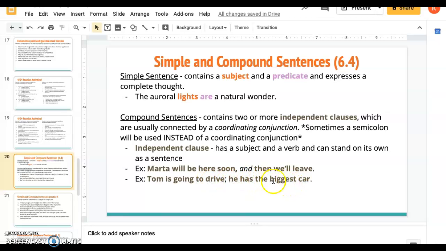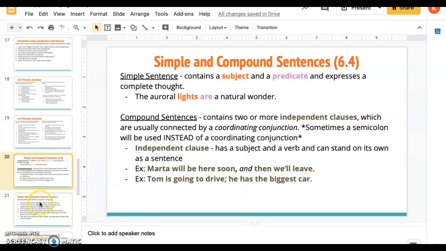Like you're taking his car because it's the biggest car and he's going to drive it. So they're connected, right? For example, if you said Tom is going to drive, but Marta has the biggest car, those would be unrelated because we're talking about Tom driving and Marta's car, right? So you couldn't use a semicolon if the independent clauses were not related.